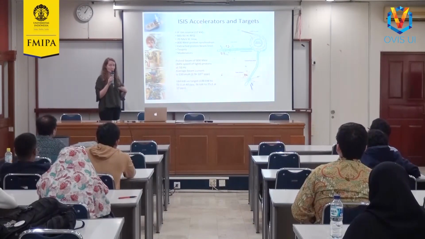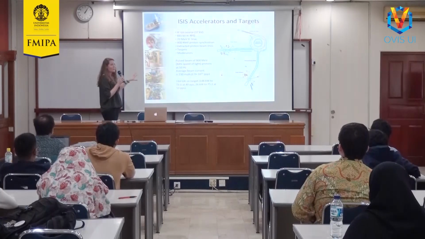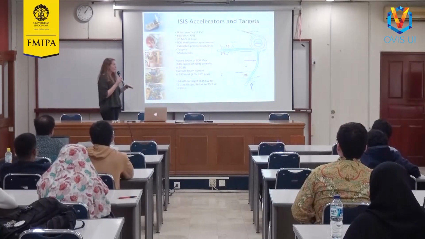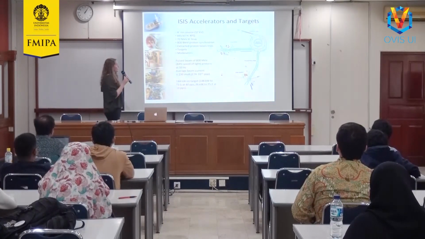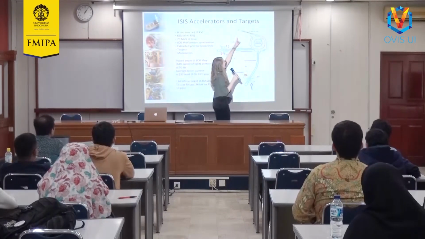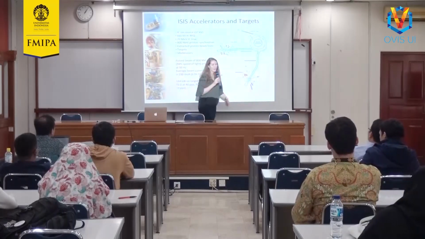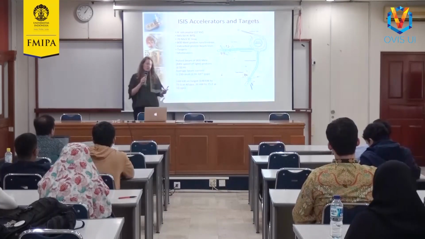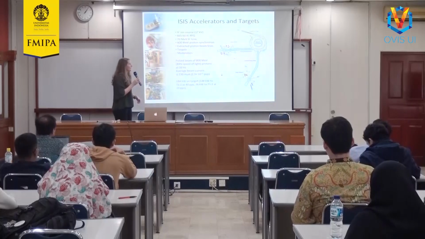neutrons very effectively. So this is what they actually do at this accelerator south of Oxford, called the ISIS neutron and muon source. They have a linear accelerator over here that injects into an 800 MeV synchrotron. So it's not very big compared to the LHC.